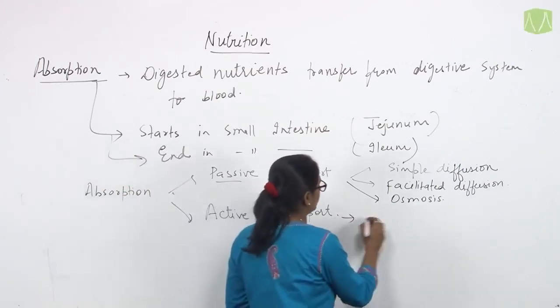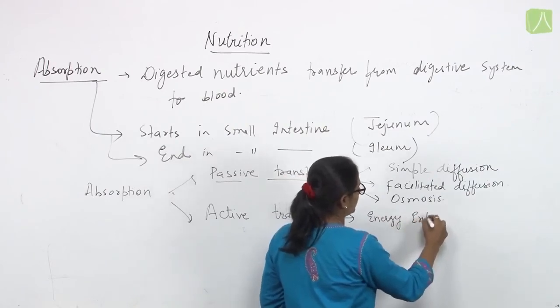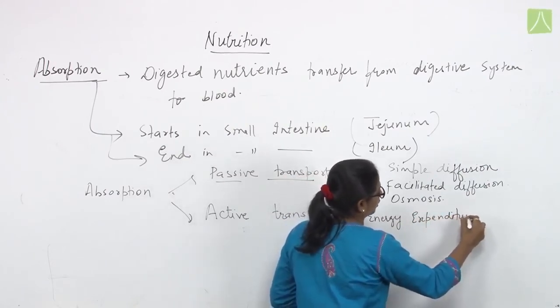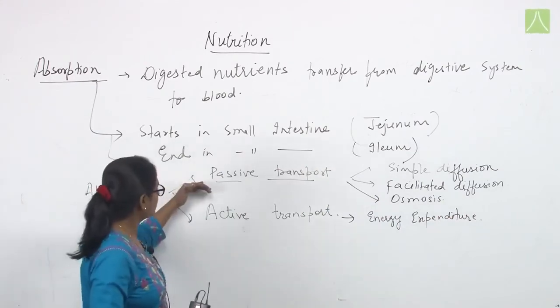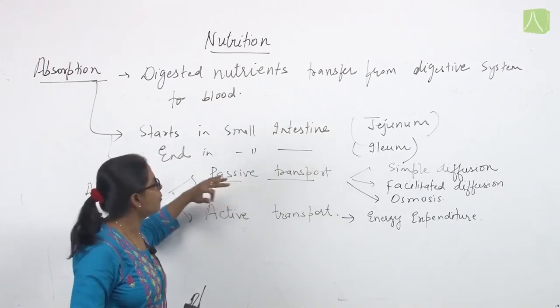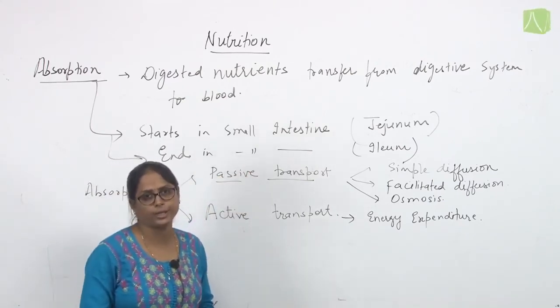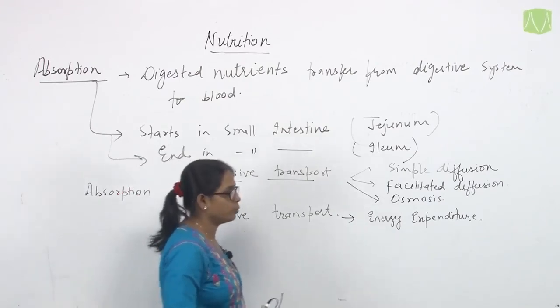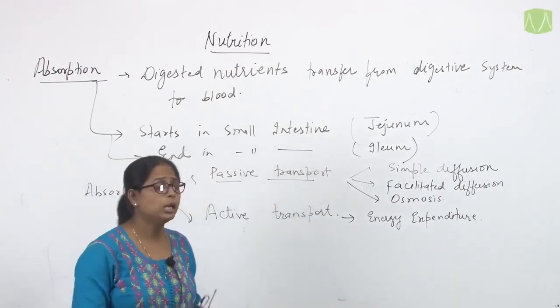In active transport energy expenditure is required, and as we all know, in passive transport the movement of substances takes place along the concentration gradient, while in active transport the movement of substances takes place against the concentration gradient.